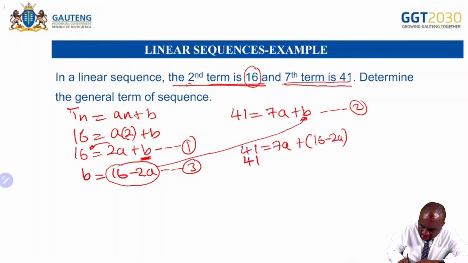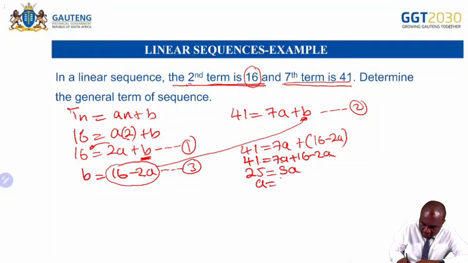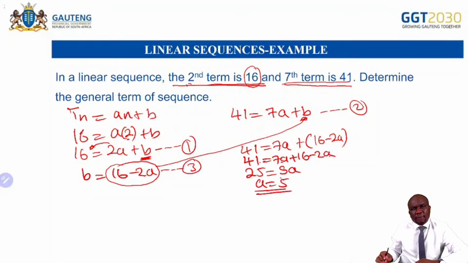So 41 is equal to 7A plus 16 minus 2A. Then we can simplify this. 41 minus 16 is 25. 25 is equal to 7A minus 2A, which is 5A. Then divide both sides by 5, so A is equal to 5.